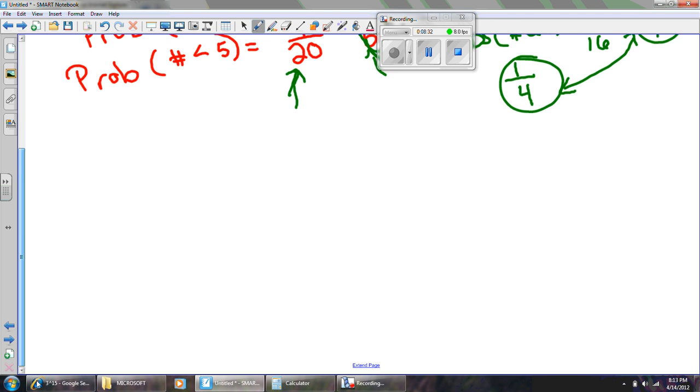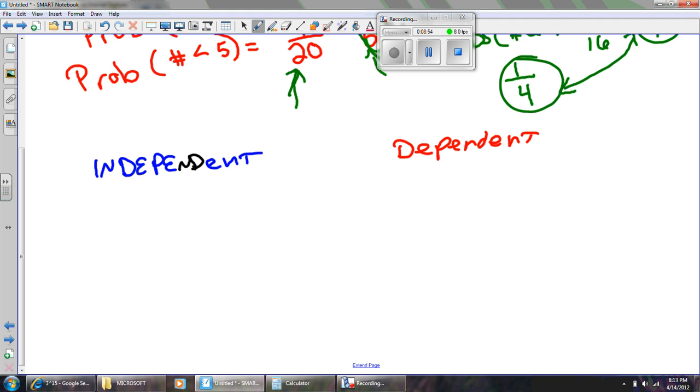All right, so some of our probabilities, we had to identify independent and dependent. And remember, independent were where the outcomes did not have anything to do with each other.